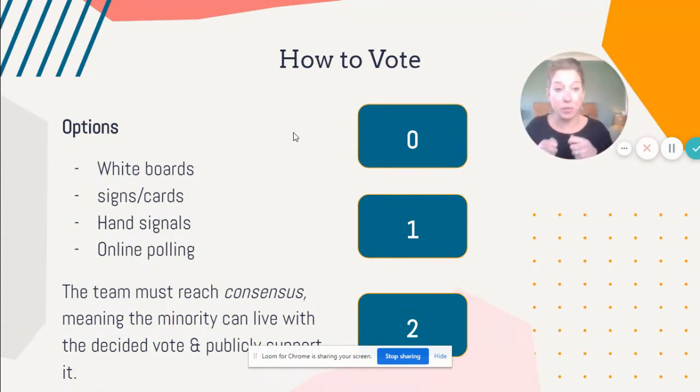So each team member is going to vote, and in order to move to the next item, they have to reach a consensus. Or if we're not able to reach consensus even after discussions, a consensus would mean that the minority, like maybe the people that just really don't agree, can deal with the majority.